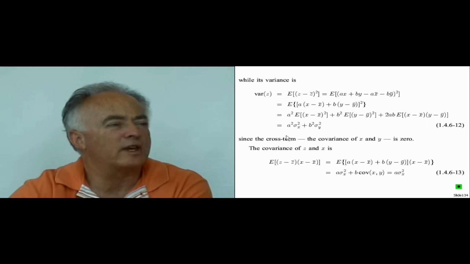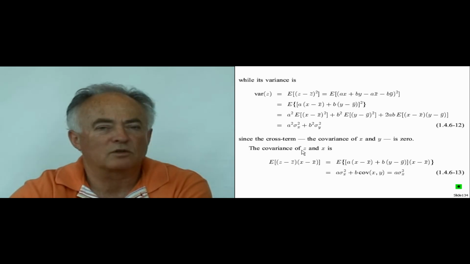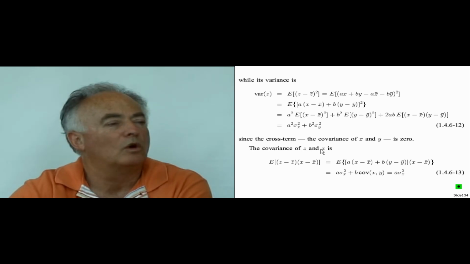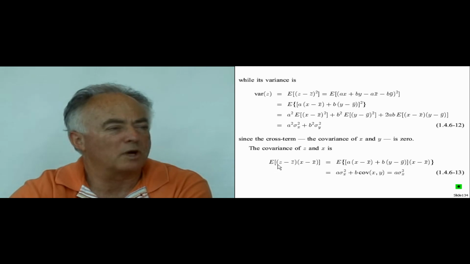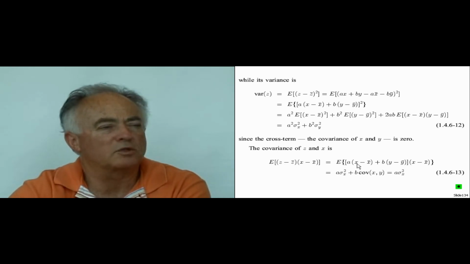Now, the covariance between z and x is the expected value of (z minus z bar)(x minus x bar), where z now, as before, is ax plus by. We substitute the value here. We group the terms, because z is ax plus by, z bar is a x bar plus b y bar with opposite sign. We factor out a and b, and now what we have is the expected value.